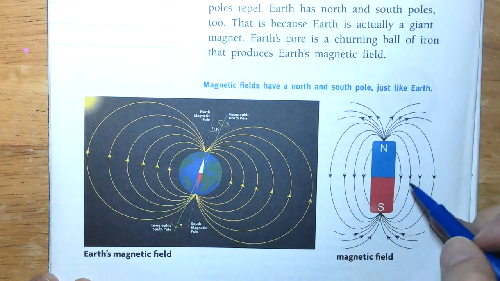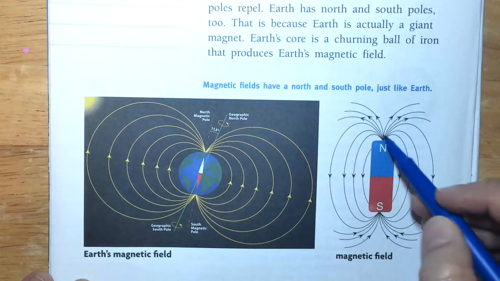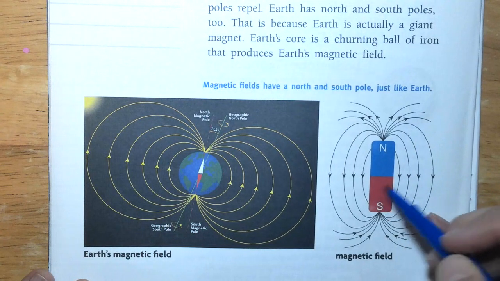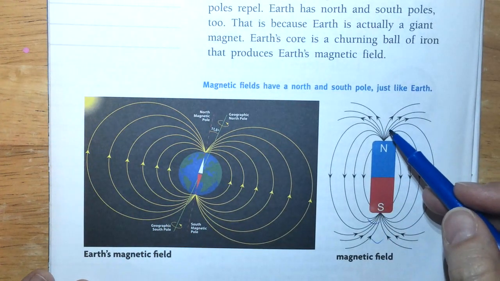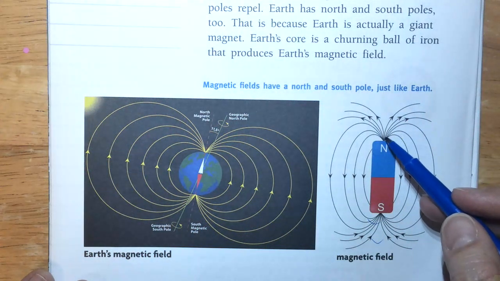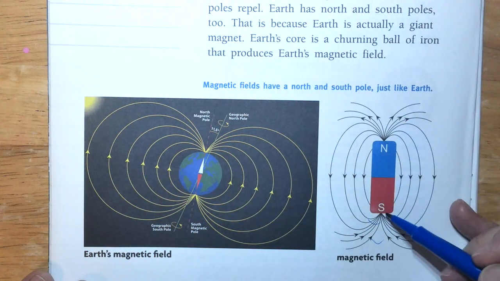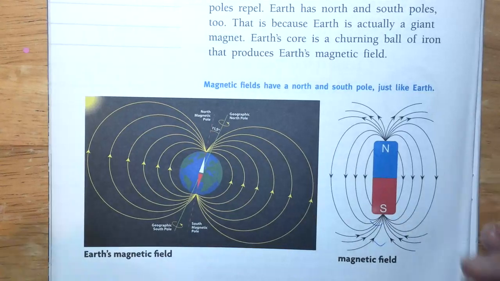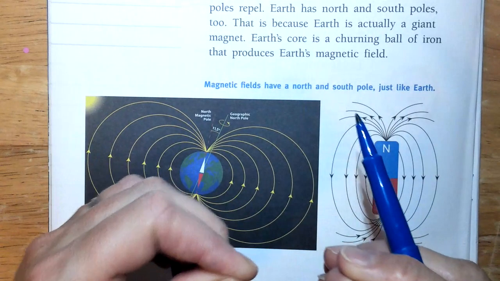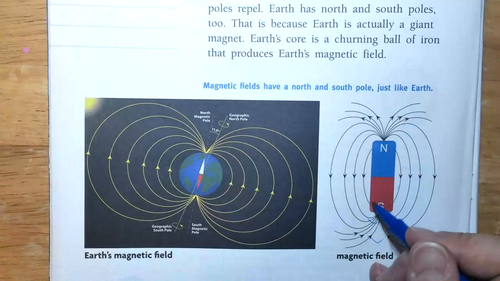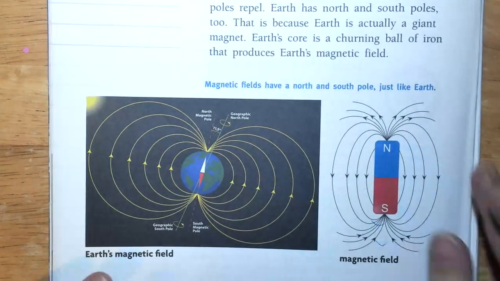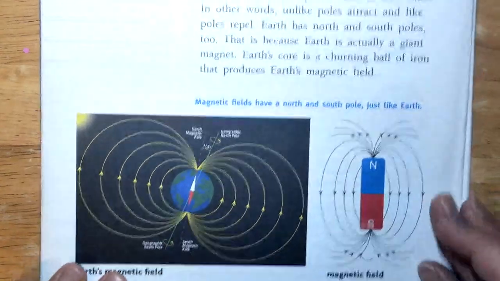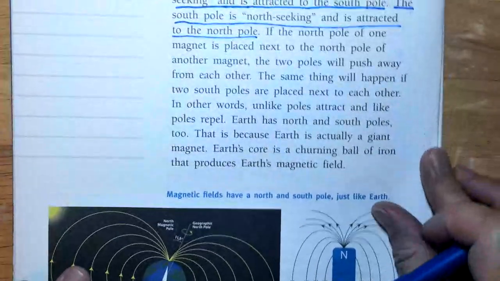And so just like here, these ones that are north, they want to go down to the south pole, and these ones that are south want to go up to the north pole. So if you've ever used magnets and you try to put them together when they have the same sides and they're really tough to put together, that's because their poles or their polarity is the same. So when they say opposites attract, they are really talking about a magnetic field.